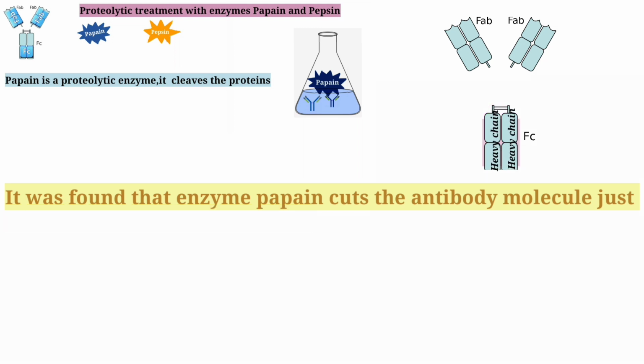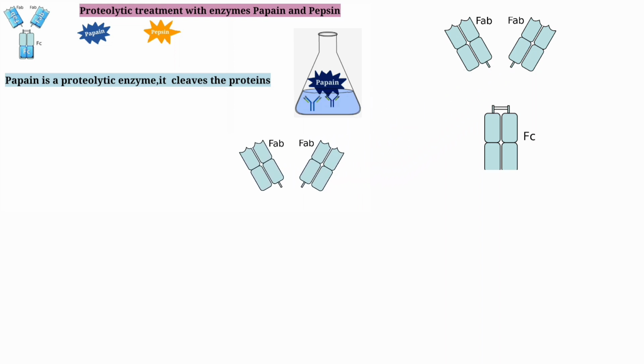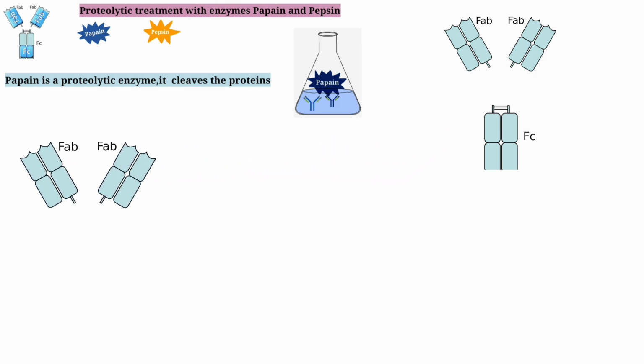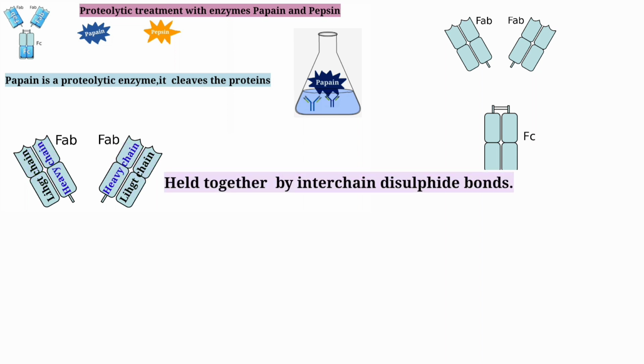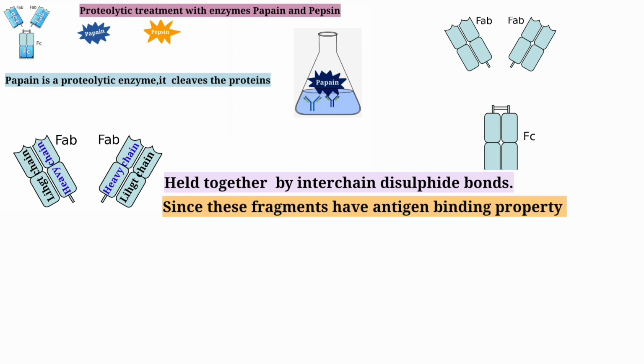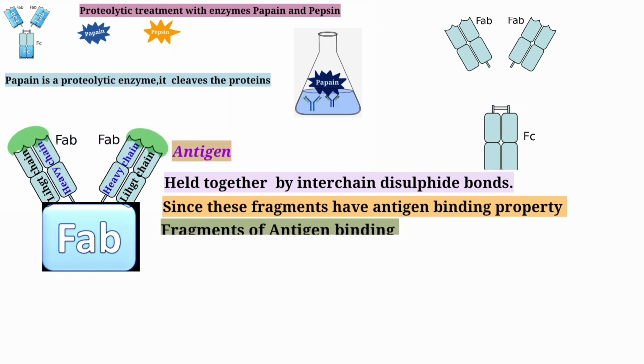As a result, two identical fragments are produced. Each of these consists of one light chain and one heavy chain held together by interchain disulfide bonds. Since these fragments have antigen binding properties, these are called Fab regions or fragment of antigen binding.